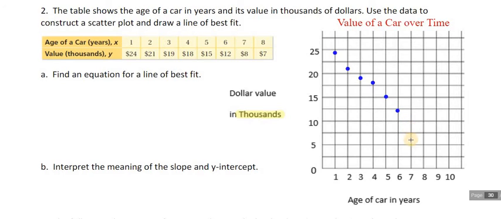Here we've got 10, 5, 7.5, so just above 7.5 would be approximately 8. And then we've got 8, 7. Here's 7.5, so just below the 7.5.